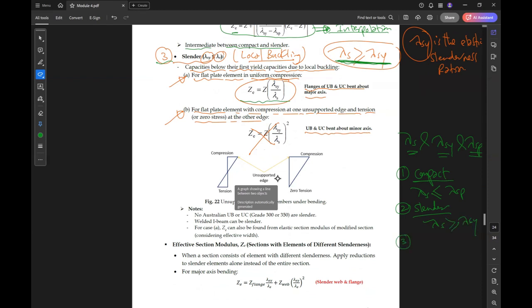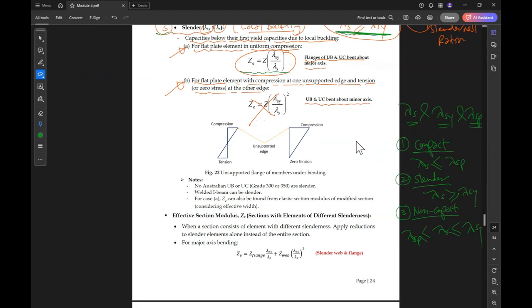The third is in the middle, which is non-compact: lambda s more than lambda sp and less than lambda sy. Do you have any questions, guys, up to now? No. Okay, thank you.